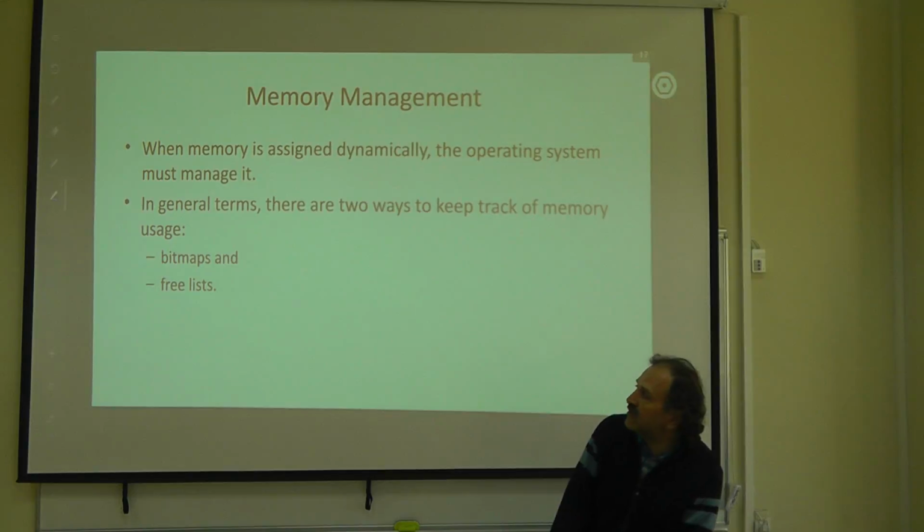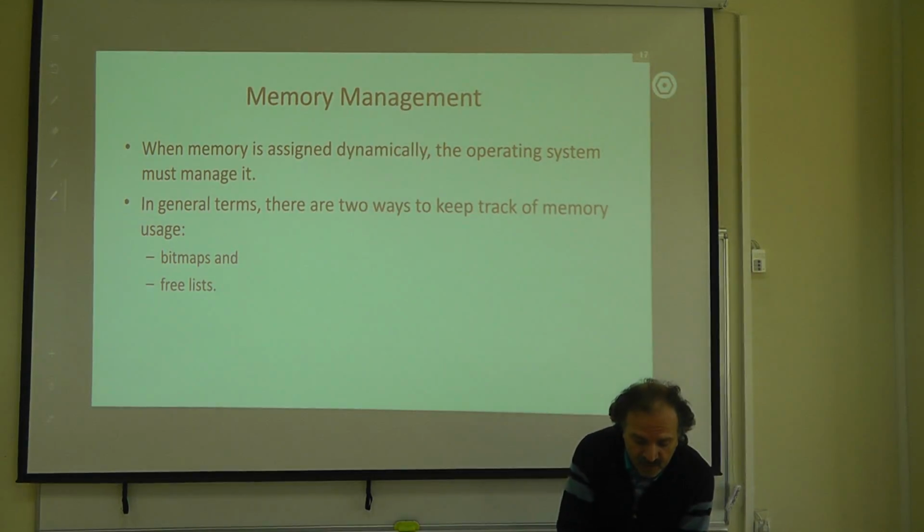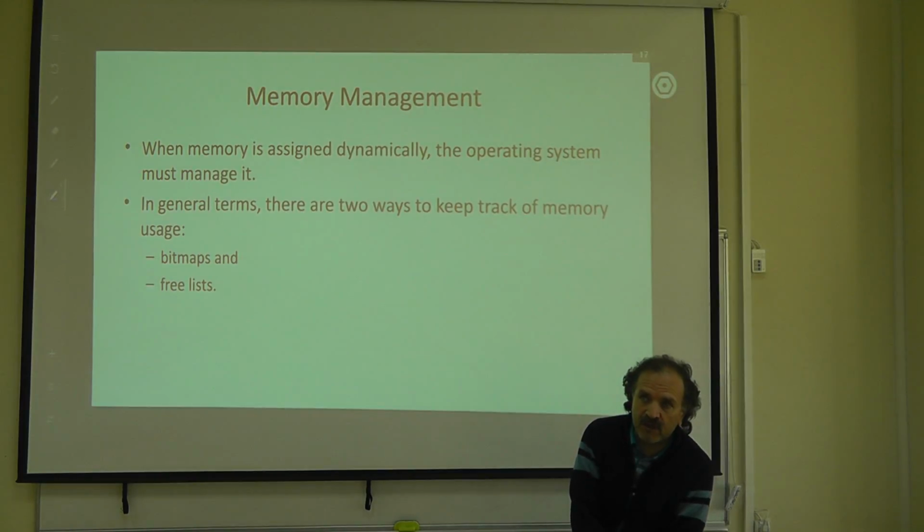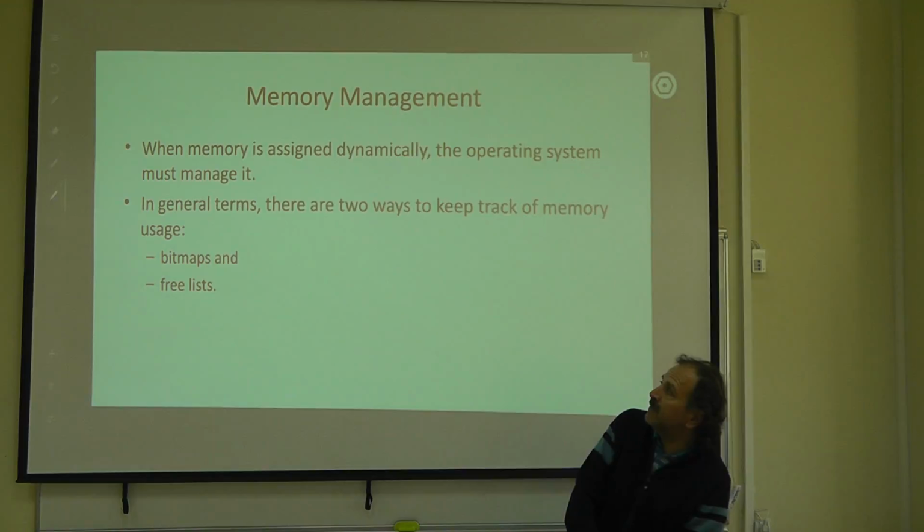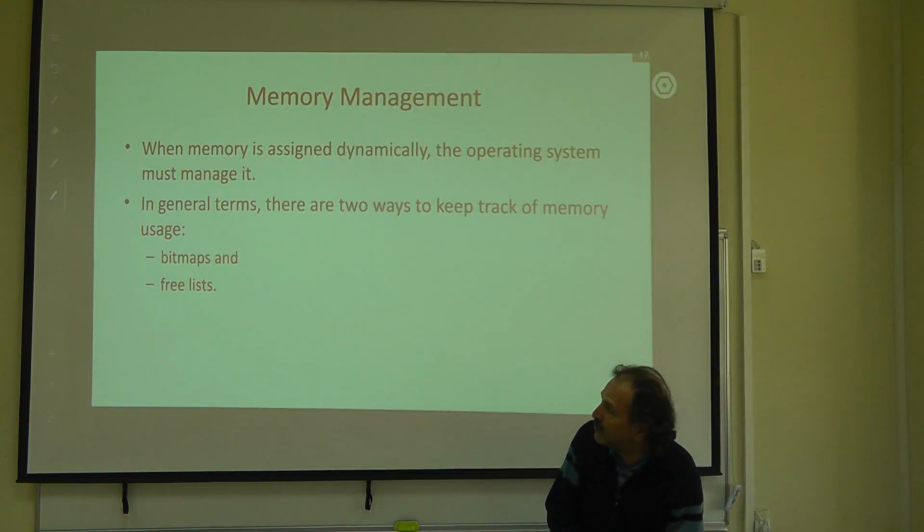So we talked about a few methods of having more than one program on the memory. And if you have more than one program on the memory, then memory management, allocation of memory for the programs becomes a problem, and that's what we were looking at.